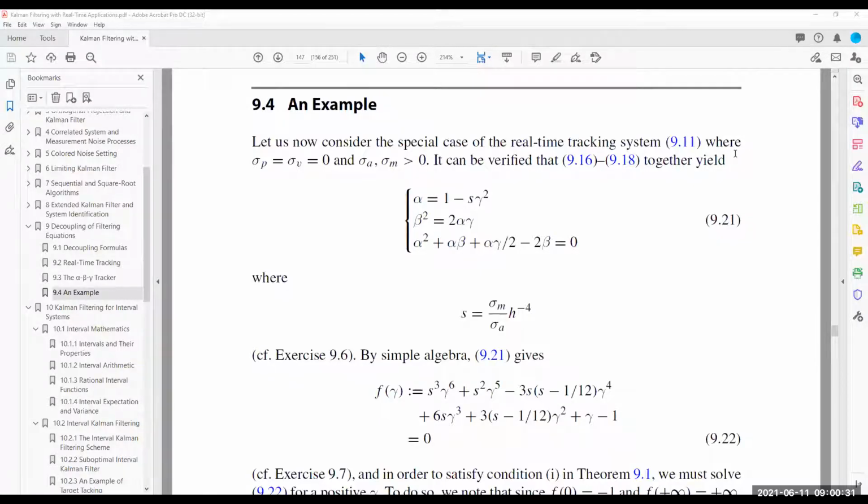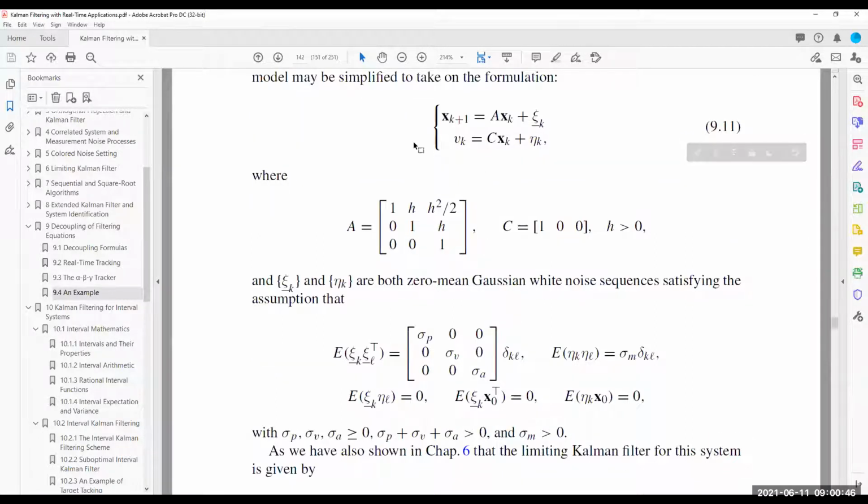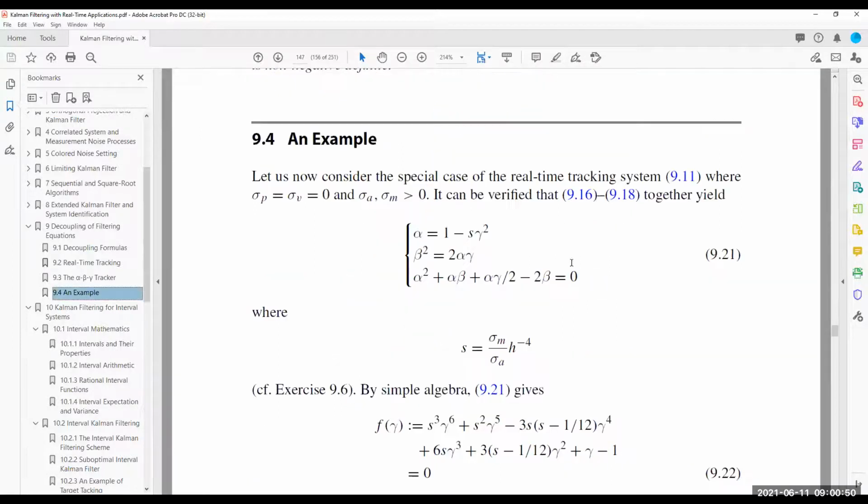So let's start. Today let's discuss section 9.4. It's just a simple example of the special case of the real-time tracking system 9.11. Here we assume sigma p and sigma v are 0.